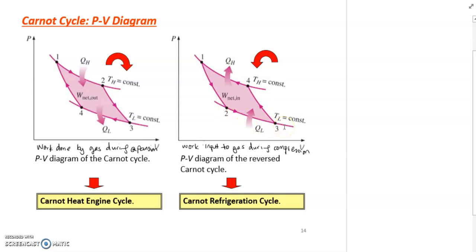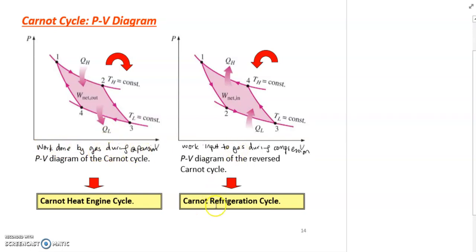Then here is reversible isothermal compression, and after you finish compression, you will go to the expansion process. Because of that, in the heat engine cycle, your W net out, since you require heat input and then reject heat, is the work done by the gas during expansion.